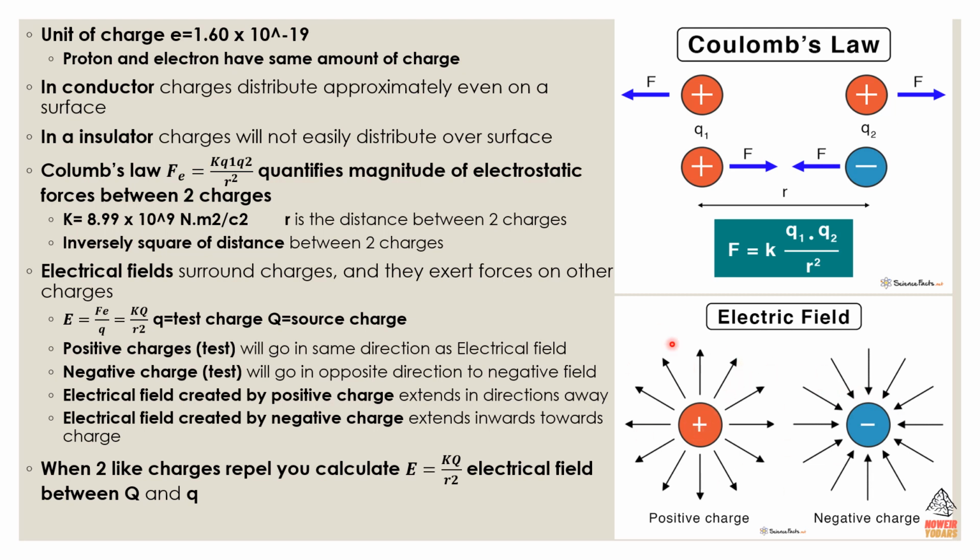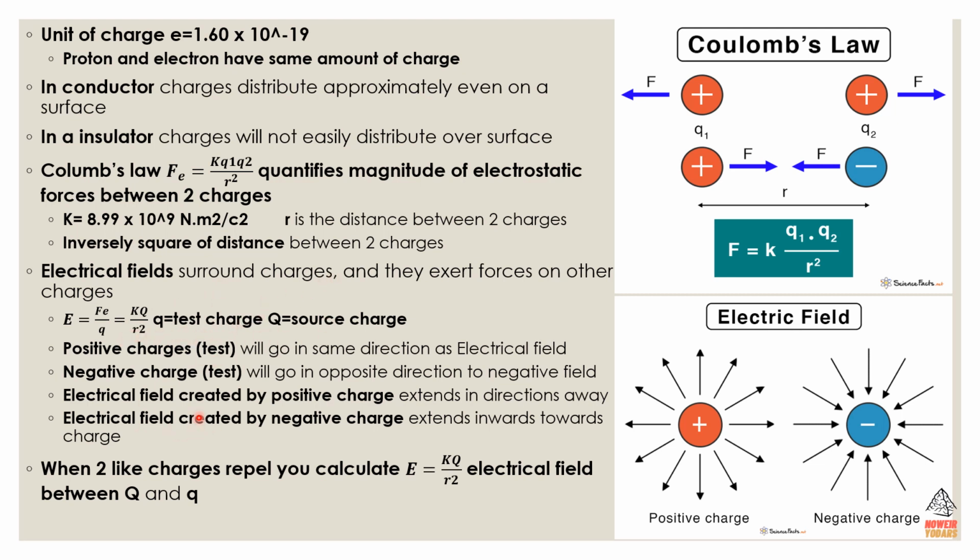Positive charges will go in the same direction as the electrical field, but negative charges will go in the opposite direction to the field. So the electrical field is represented by E equals K times Q divided by R squared. K is Coulomb's constant, Q is the source charge, right, and R squared is the distance between the charges.